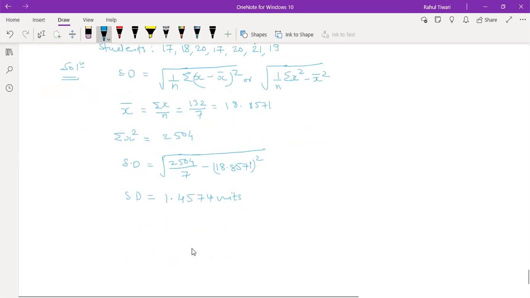Let me try the next example, example number 8. Find the standard deviation for the following data.